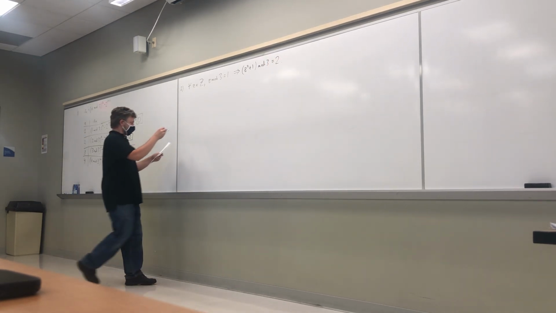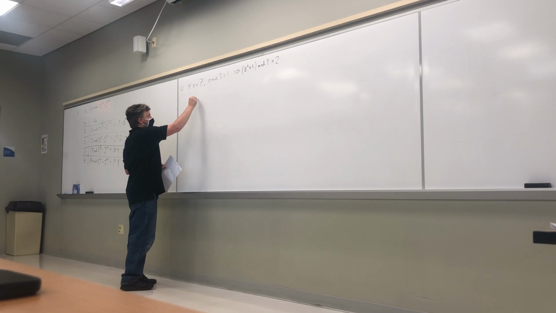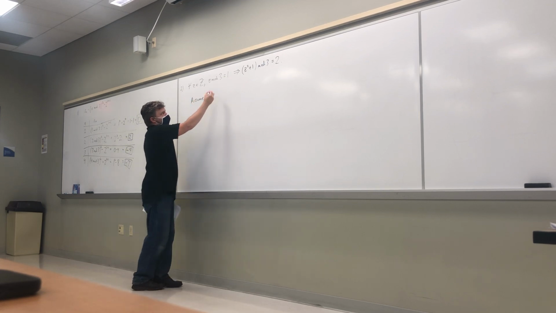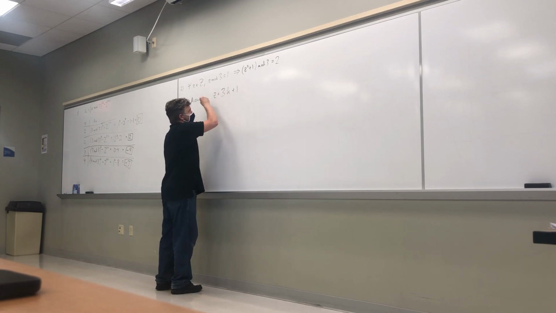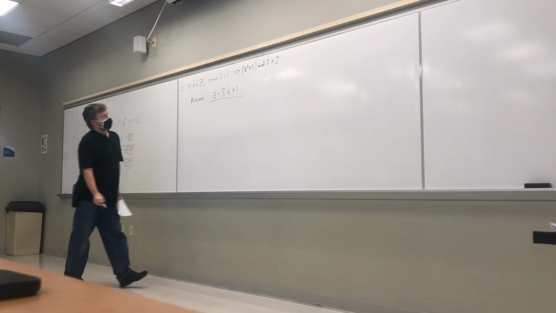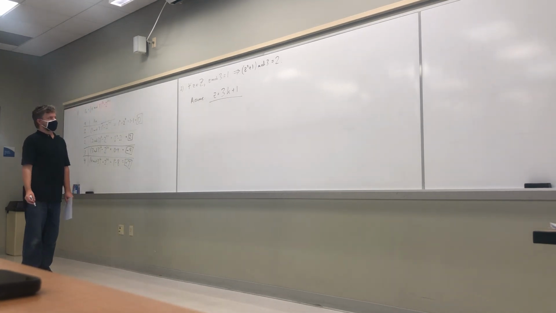Okay, so for the assume, z mod 3 equals 1 turns into the equation that z equals 3k plus 1. Pretty straightforward there. Most people have that one.